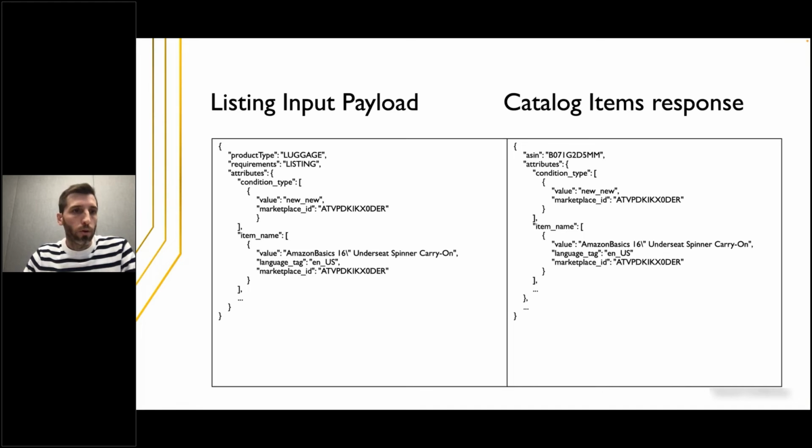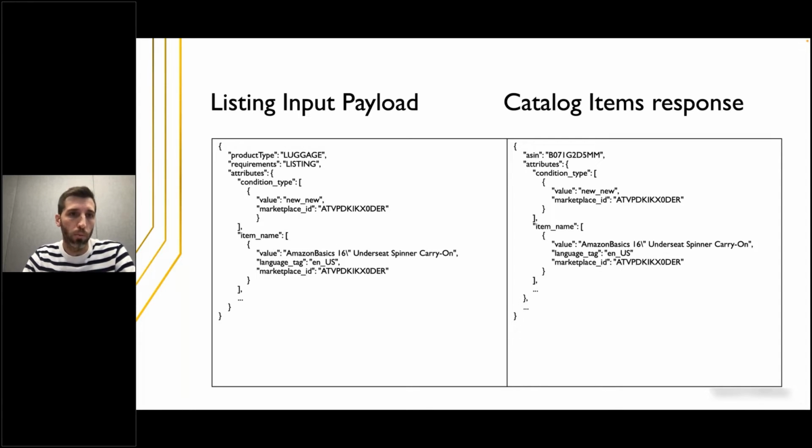And then we have two more similar JSON documents here. On the left, you can see the input payload for the listings API, and on the right, there is the catalog items response. So as you can see, comparing to what we saw on the previous slide, the JSON documents are very similar, the three of them.